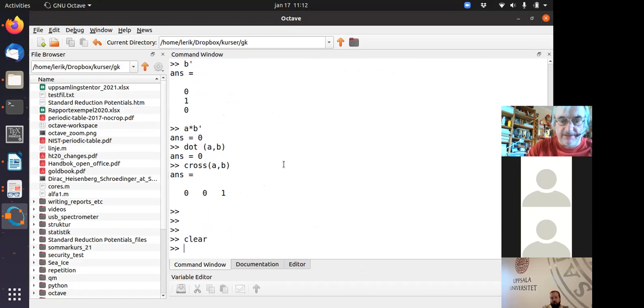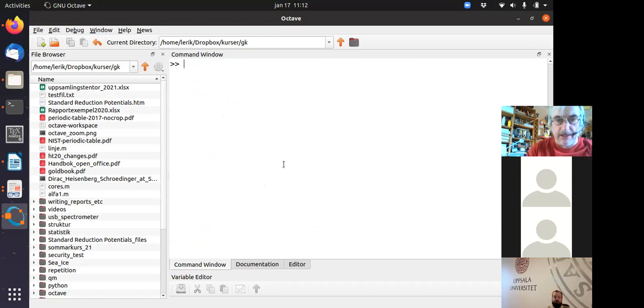Let's forget this. One can also define a matrix. We call it matrix A. Within brackets, say that its first row is 1 0 1, and I don't know what I'm writing, so I'm just typing.